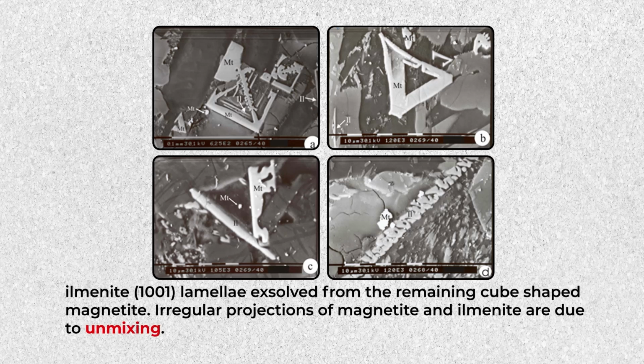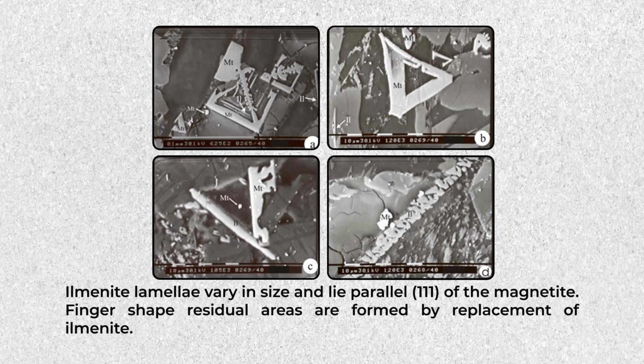Ilmenite lamellae exsolved from the remaining cube-shaped magnetite. Irregular projections of magnetite and ilmenite are due to unmixing. Ilmenite lamellae vary in size and lie parallel to the 111 plane of the magnetite. Figure-shaped residual areas are formed by replacement of ilmenite.